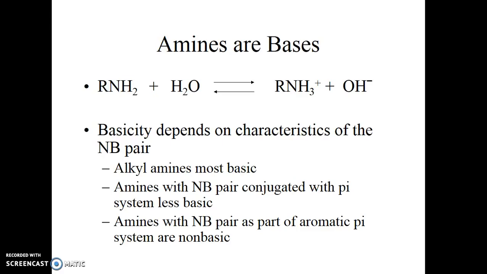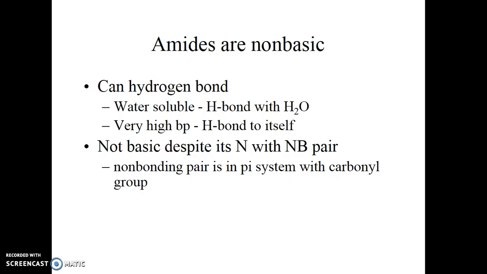That is why amides, which have their non-bonding pair highly tied up in the pi system, are non-basic. But even amines that are adjacent to an alkene or adjacent to an aromatic system are less basic because the non-bonding pair participates in resonance with those pi systems.